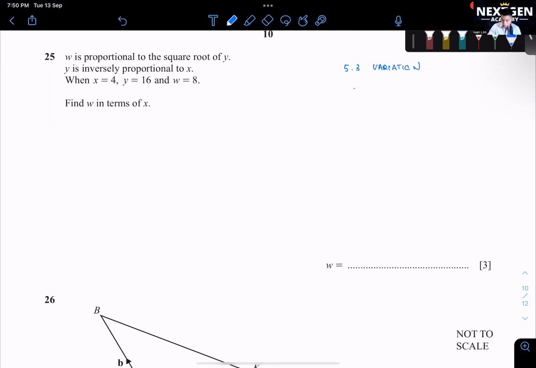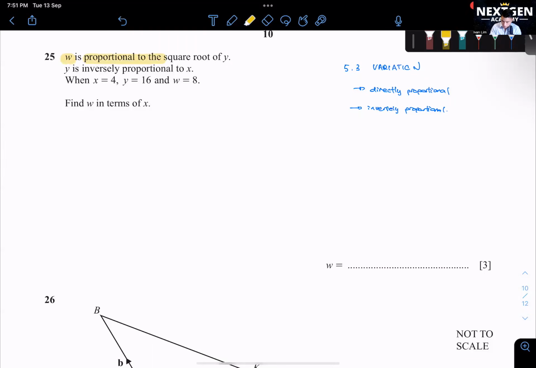Okay, there are two types: directly proportional and inversely proportional. Okay, how do we write this one? We read the question first.